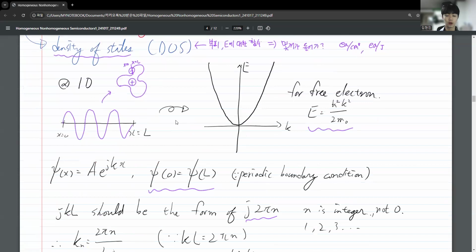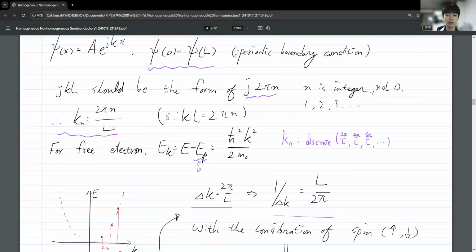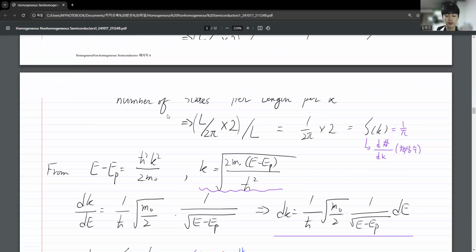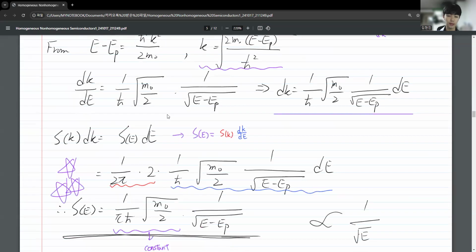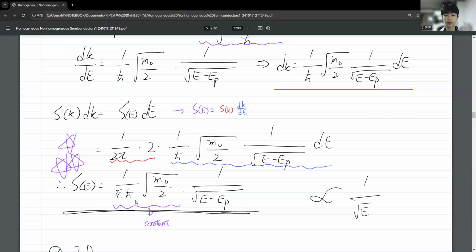First, in one dimension, the density of states is this equation.